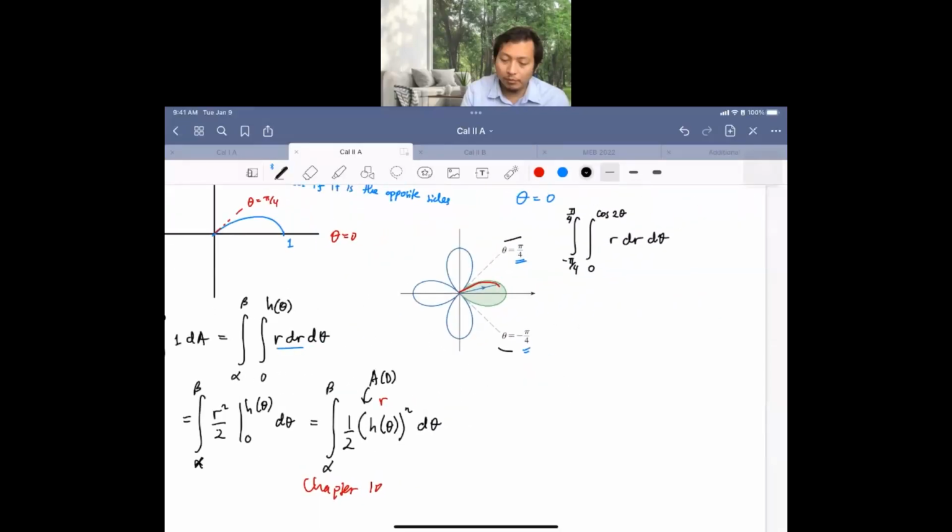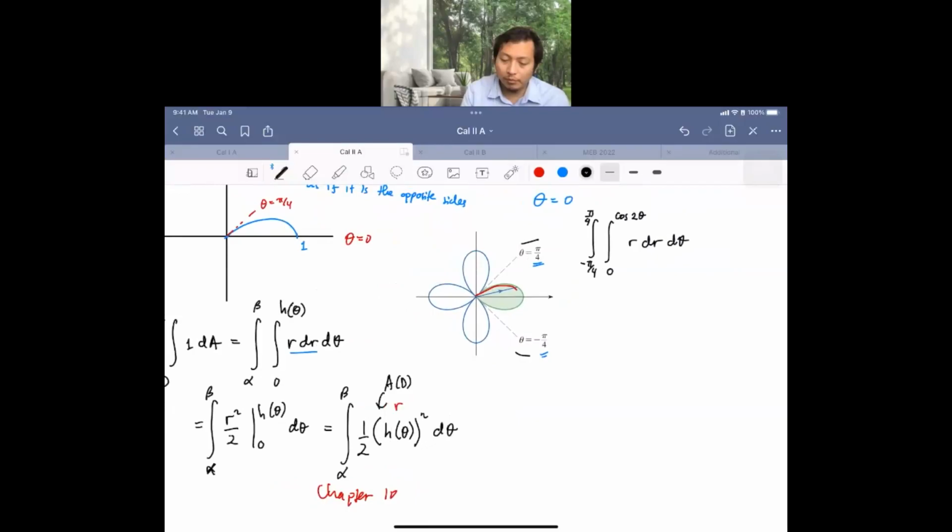Okay, we go back to our question here. In our solution, we could solve the r first. So this is r squared over 2 from 0 to cos 2 theta, d theta, which gives cos squared 2 theta over 2 d theta.